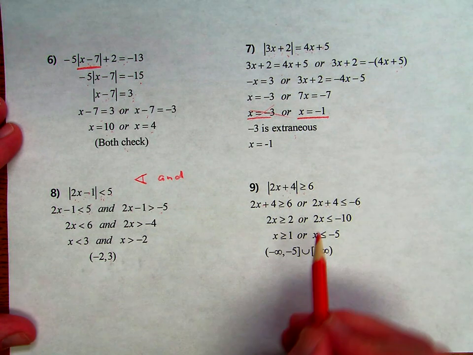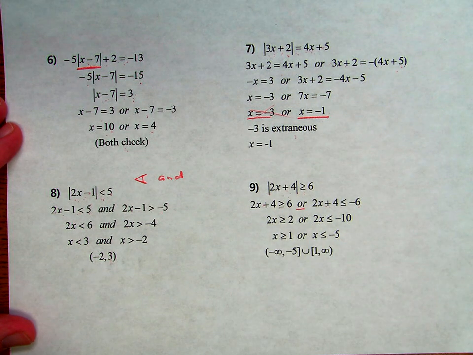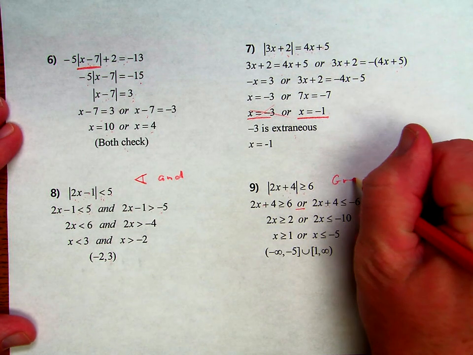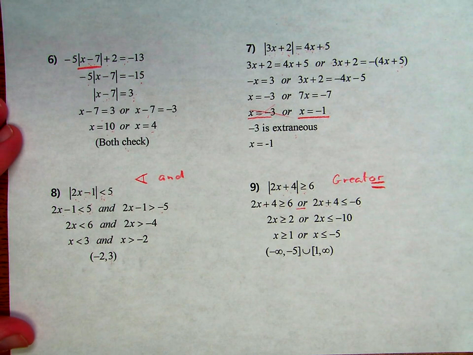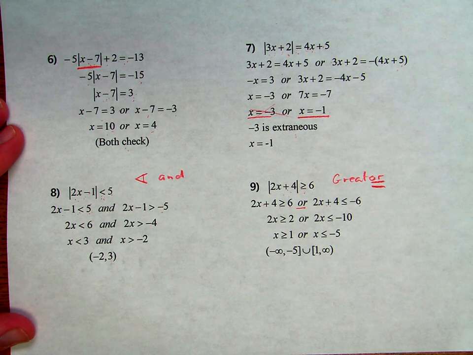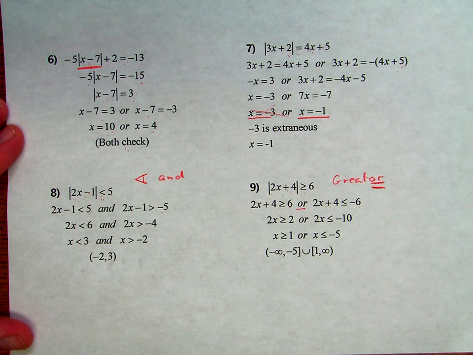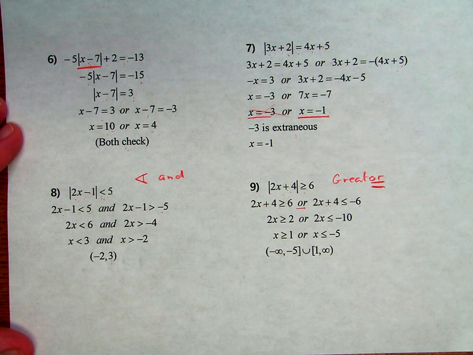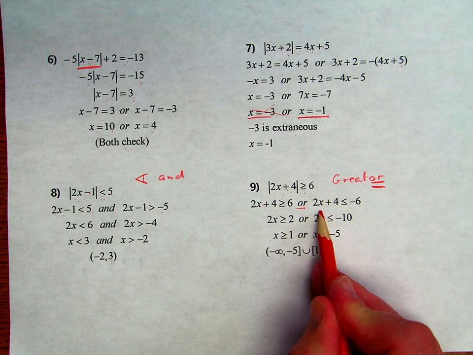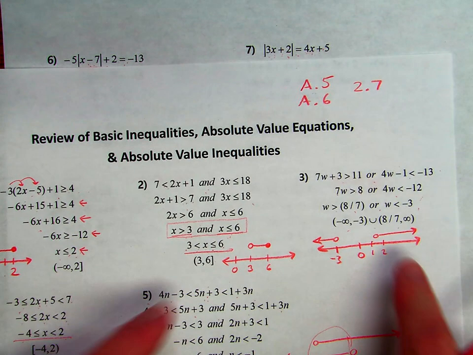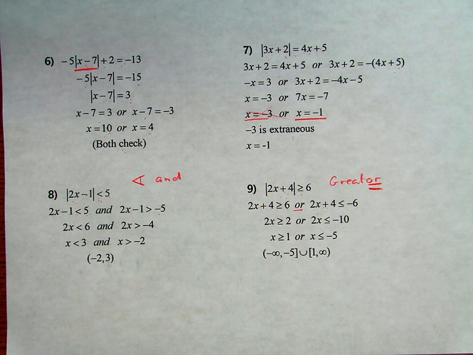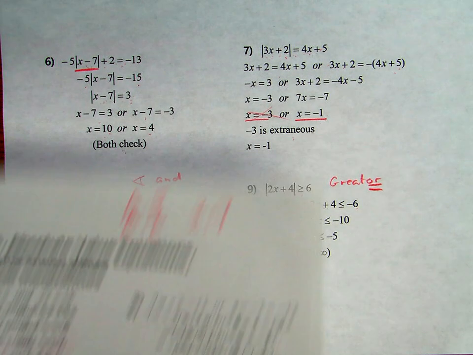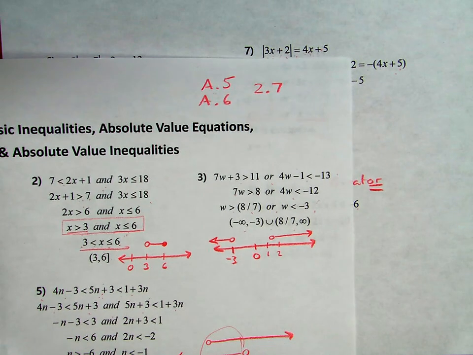Greater thans will always have an or for a connecting word. And my memory trick for that is you could spell greater with an or. You didn't spell it very well, but you did spell it with an or. It's similar to what I just emphasized with number 8. Once you do this split, it's going to look exactly like one of these two guys right here. Mechanically finish up number 9 the same way you would have finished up number 3 here.